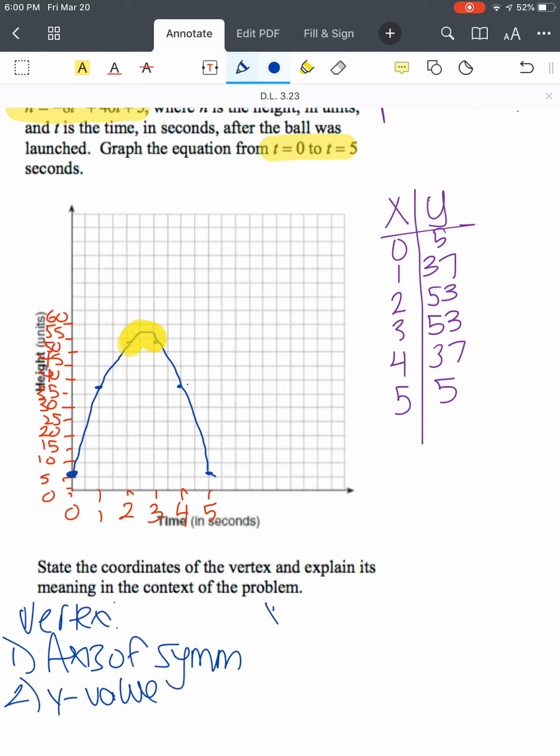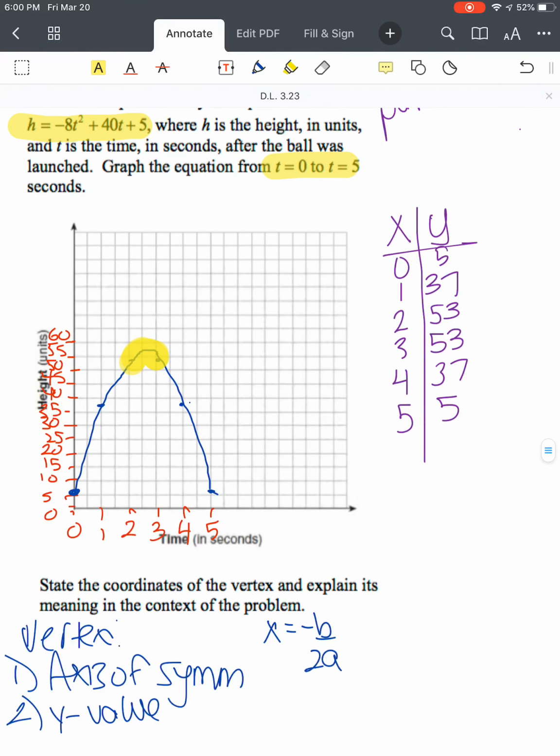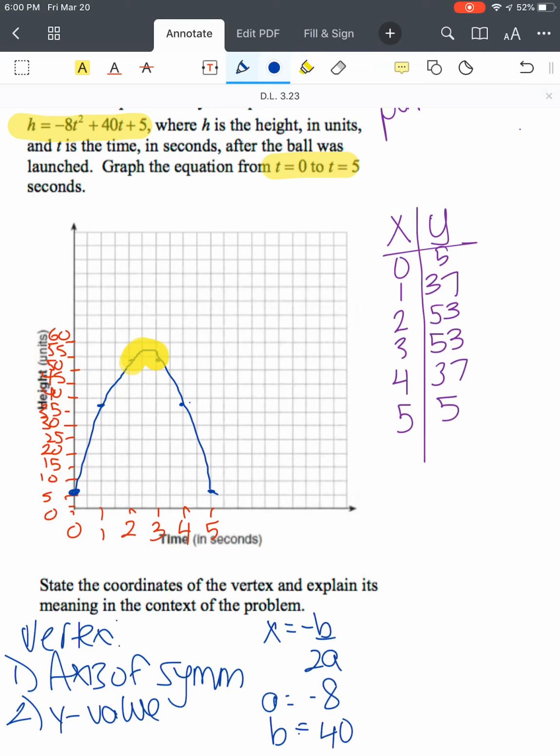So the axis of symmetry, x equals negative b over 2a. So a is negative 8 and b is 40. So x equals negative b, so negative 40 over 2a, so 2 times negative 8.